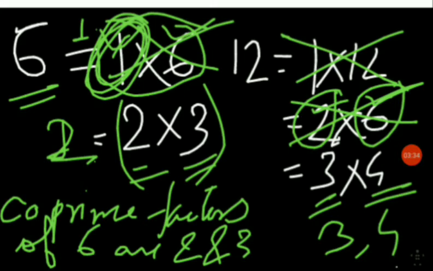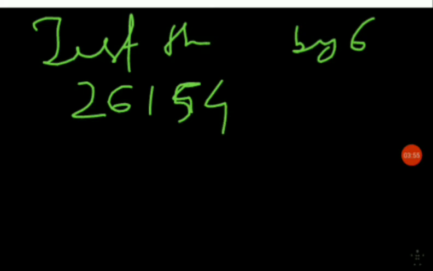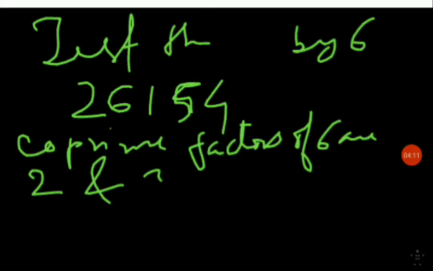So let us take one example. Suppose test the divisibility by 6, and the given number is 261454. Now as you know, the coprime factors of 6 are 2 and 3.